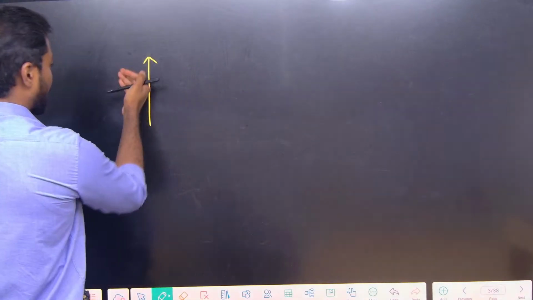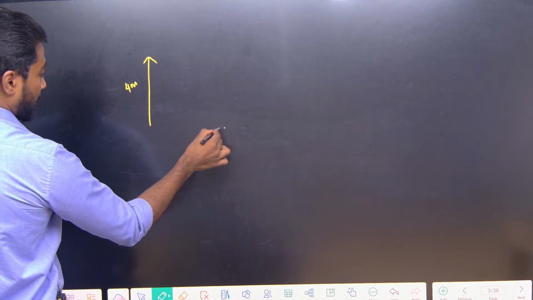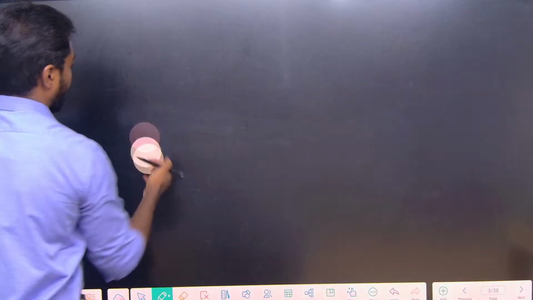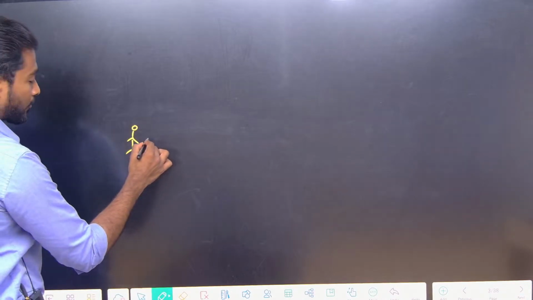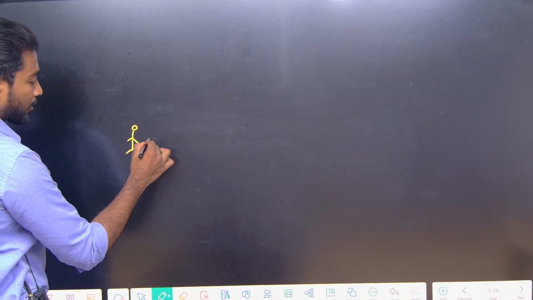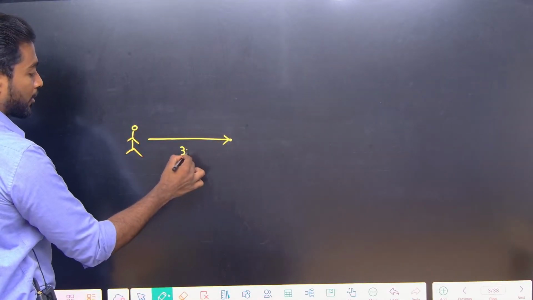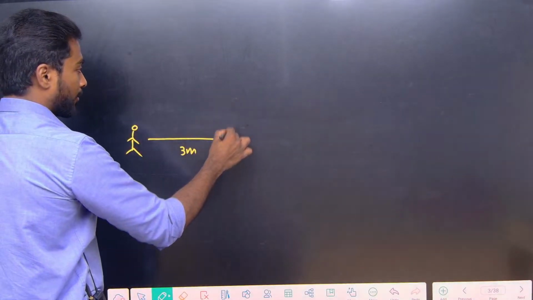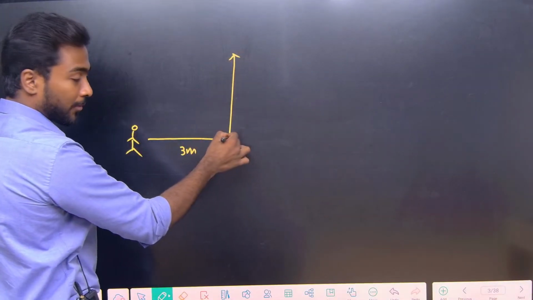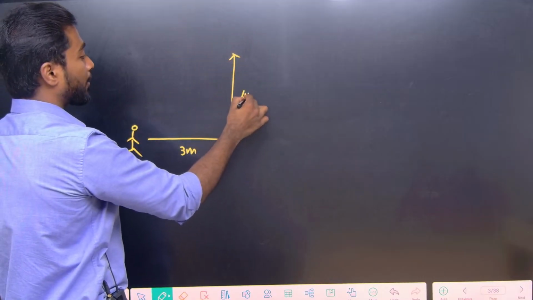Then let me take 4 meters towards north. Wherever we start, for example, a person is here, a stick man. He has travelled from left to right for 3 meters. And the person travelled again from that point upward, in the straight direction, 4 meters.